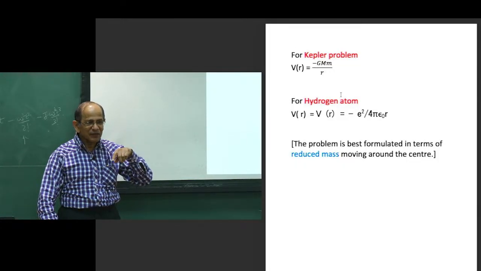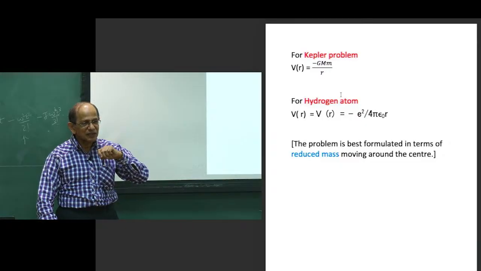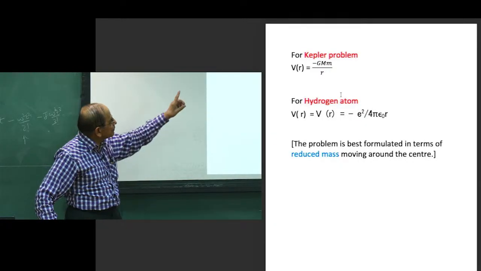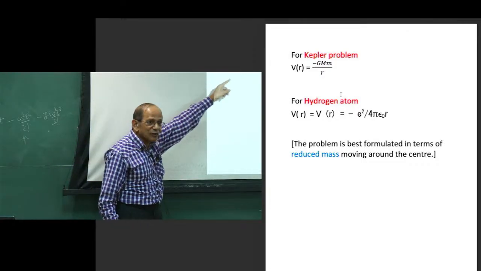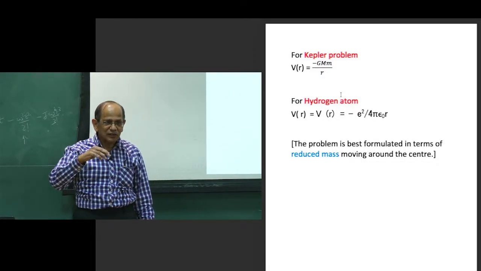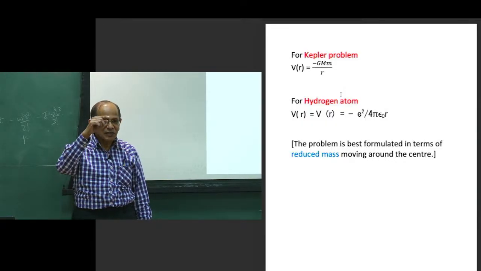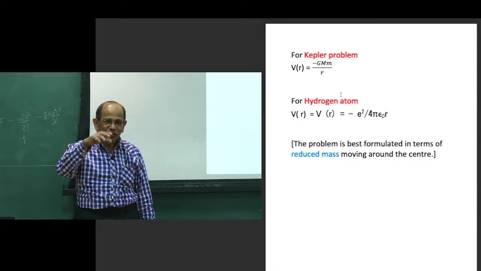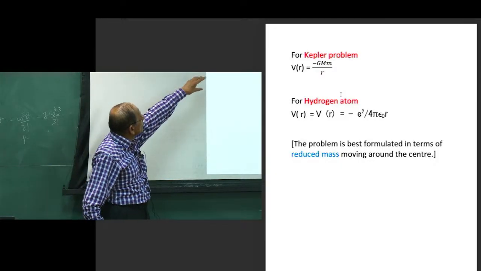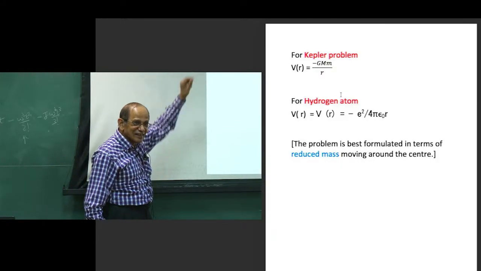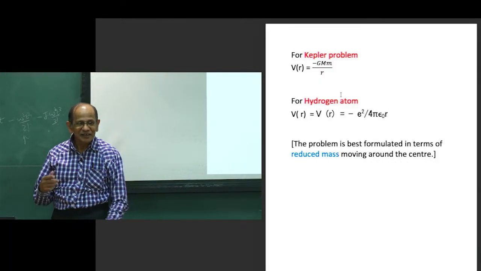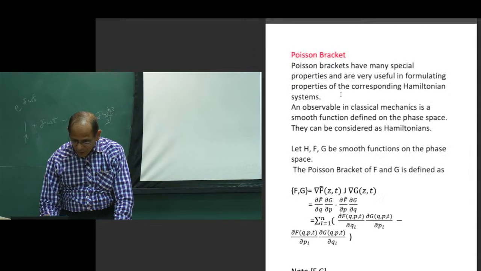So, instead of considering that, you consider the motion around a fictitious point, and instead of the original mass, you use what is called a reduced mass, whose reciprocal is 1 upon mass of proton plus 1 upon mass of electron. That is the bit of cheating I have done in writing those formulae, because those are the forms you know already. This is how the system is.